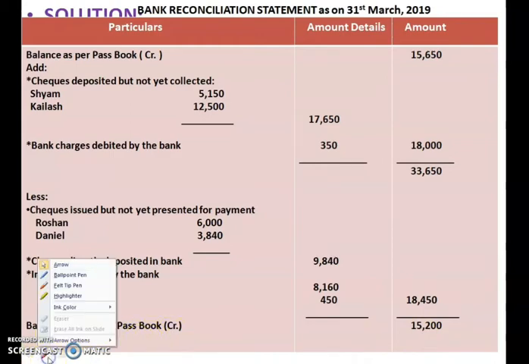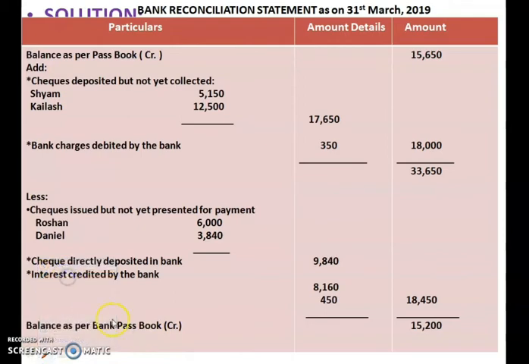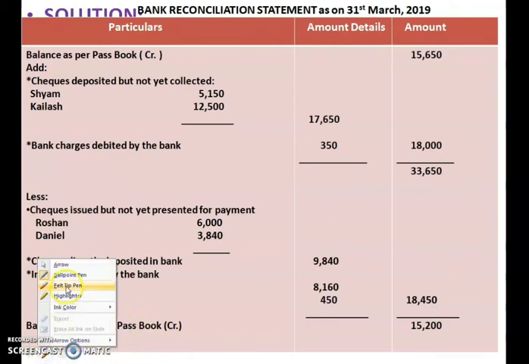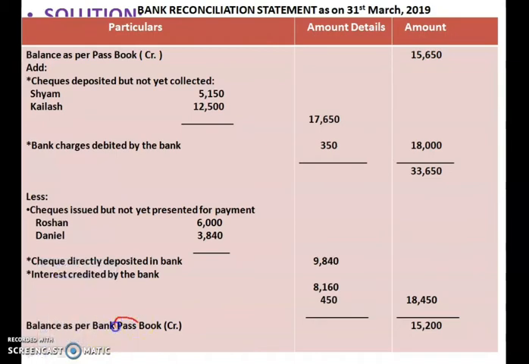Sorry, it's not passbook, actually it is cash book, and the balance it shows will be debit. Okay, so this is how you have to pass the entry. Cash book is exactly opposite of passbook. So if your starting balance is passbook, what you will get is the cash book. If your starting balance is cash book, what you will get is the passbook.